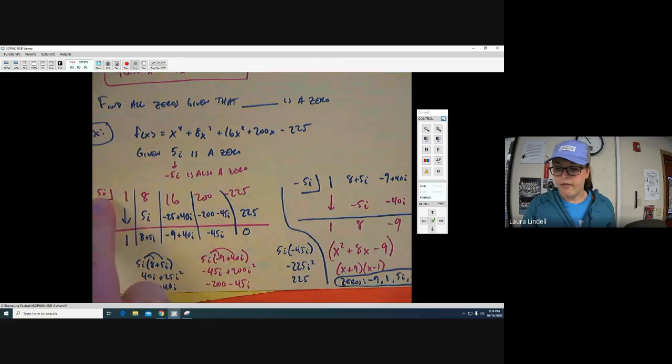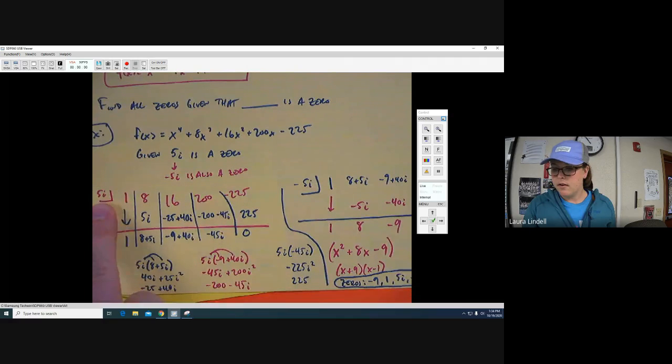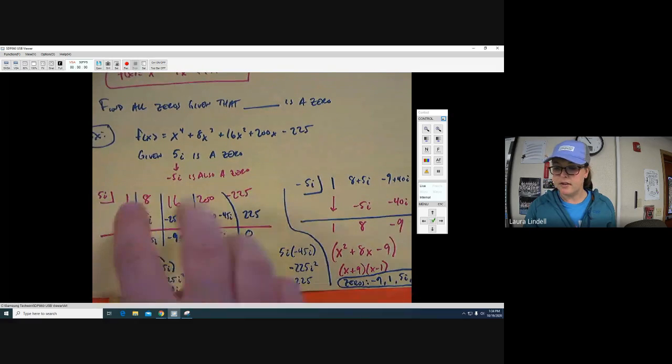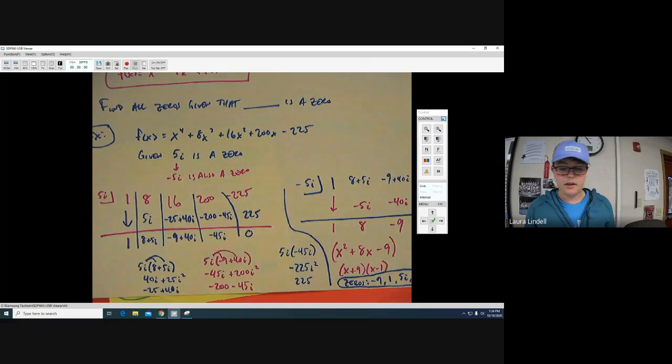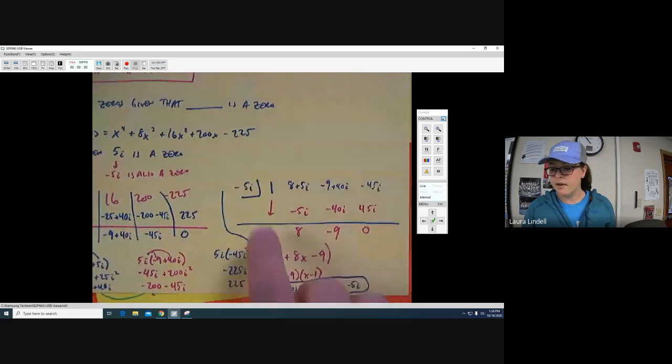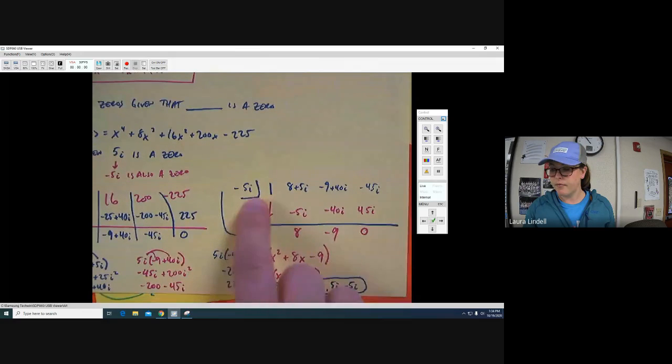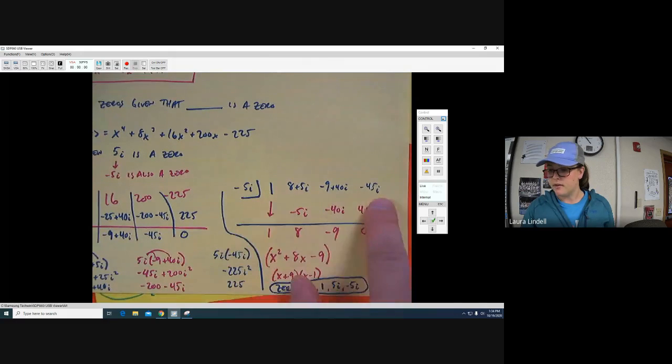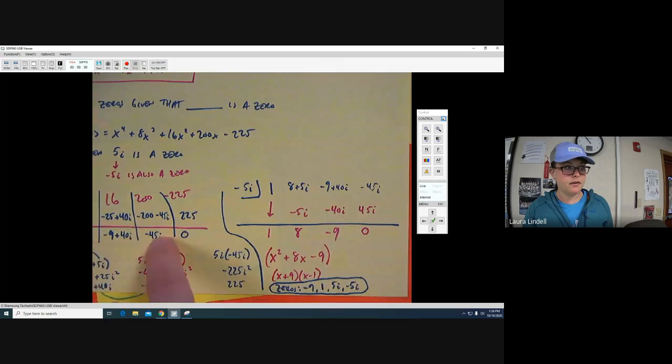So I put 5i in the corner and take my coefficients, and I synthetically divide, making sure that we're careful when we multiply by 5i and when we add and subtract like terms. Then I take these same coefficients down here that I got, and I divide this time the negative 5i in the corner with my same coefficients from down here.